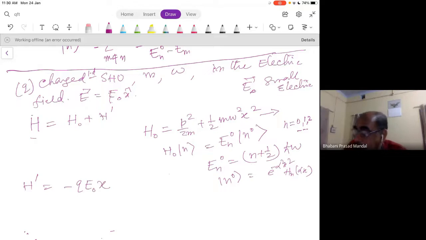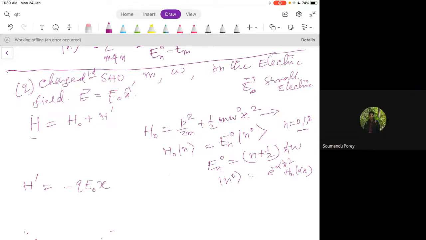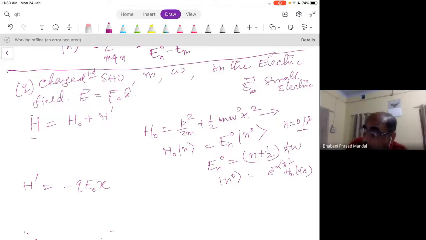Yeah, how do you get this? Just remembering, sir, or we have to add some potential energy, and in an electric field, force is minus q into E, the electric field. So this is basically the work done, right? The energy cost means the work done, so it will be E dot ds. If you integrate 0 to x, it will be E q0 x.